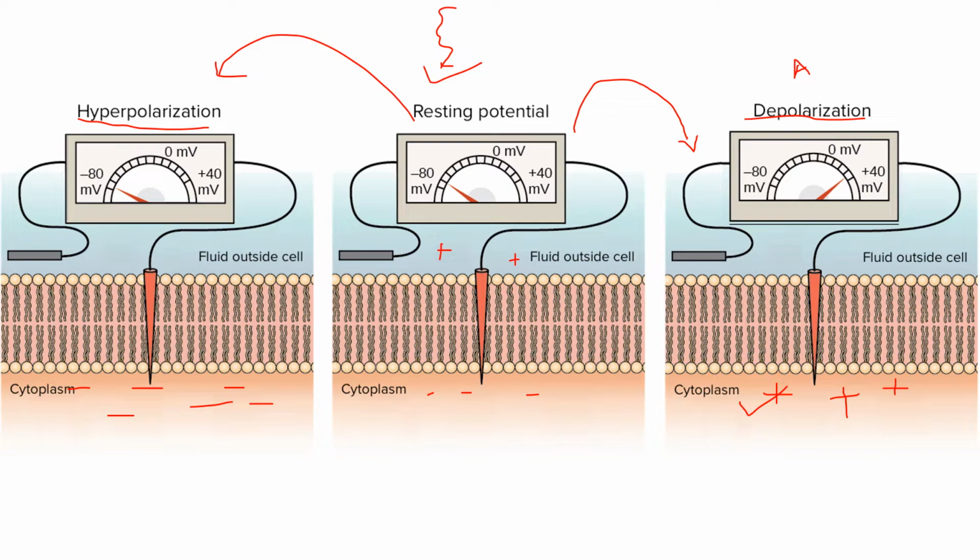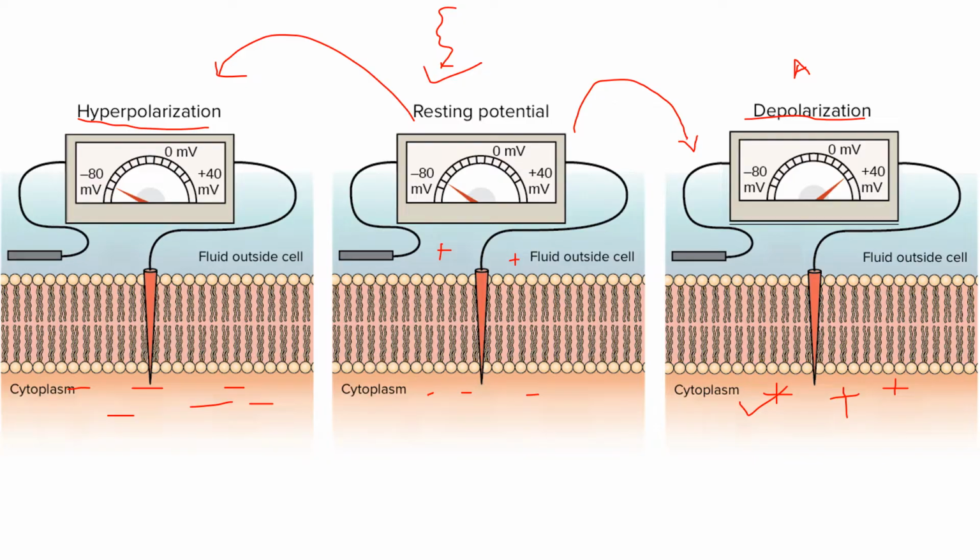If the tissue is excitable, then if we give a stimulus to this tissue or cell, it can change its polarity. How can it change? If the intracellular negativity is changed to intracellular positivity, the intracellular part becomes positive, so the deflection is now plus 40 millivolts.